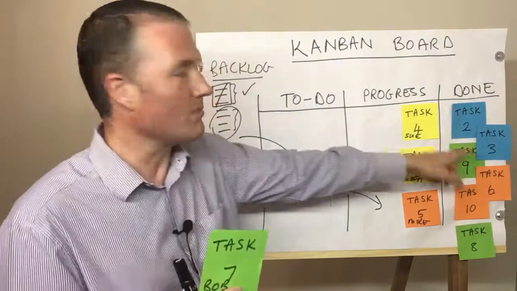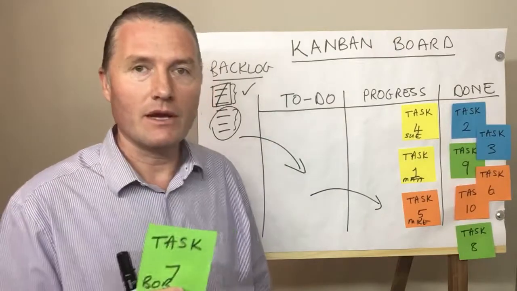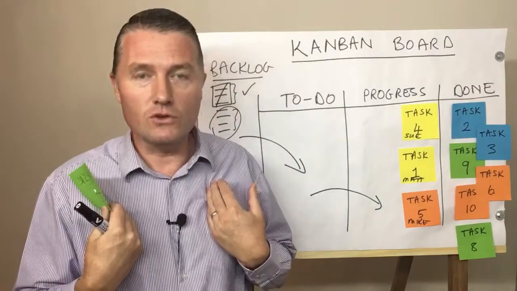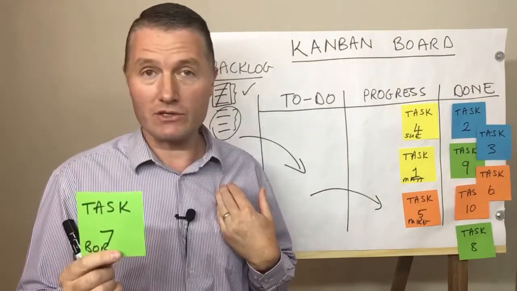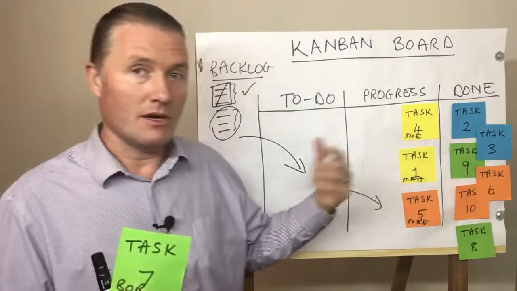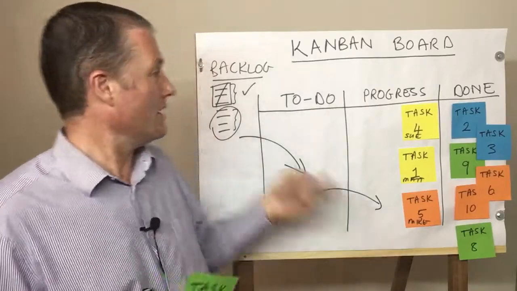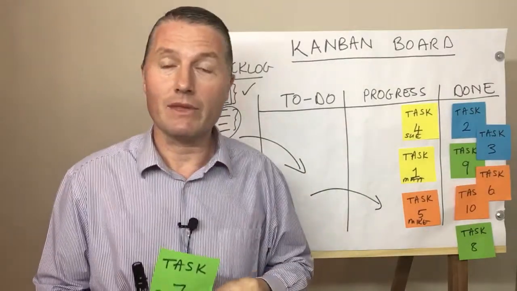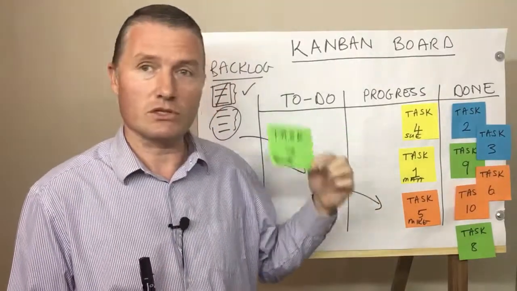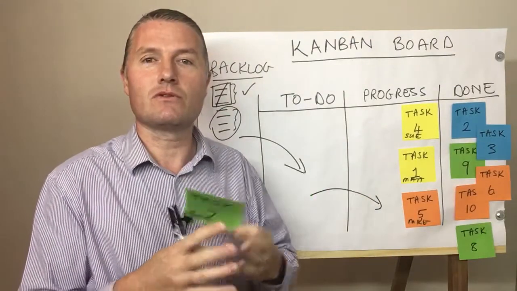And why have we not been able to move it into the done column? And remember, it's not necessarily just to you that they've got to be accountable for making progress on that task. It's to everybody, because this task may be a key task for the rest of them. It may be a key task in this backlog. And so Bob, in this case, for task number 7, is accountable to the whole team.